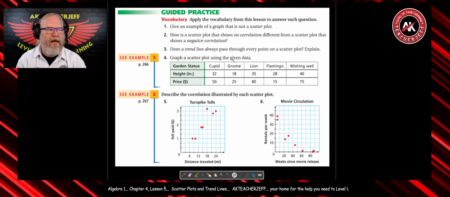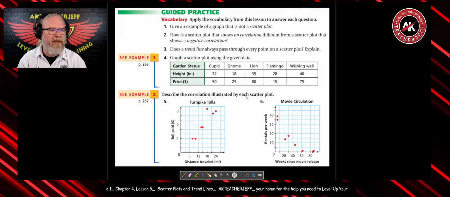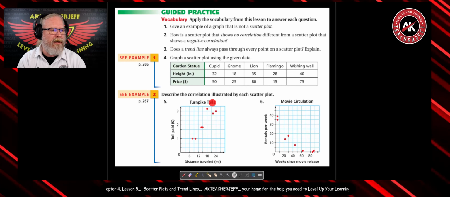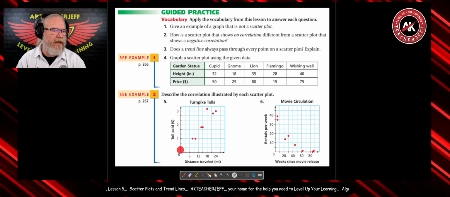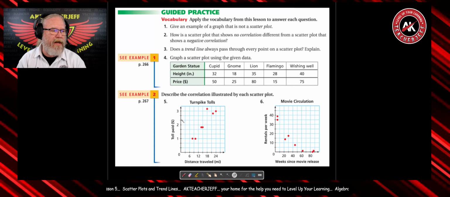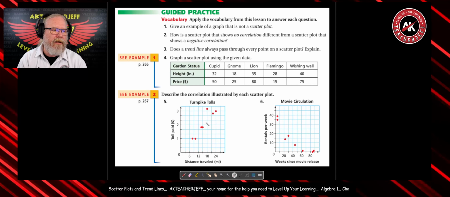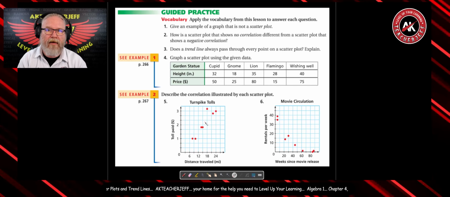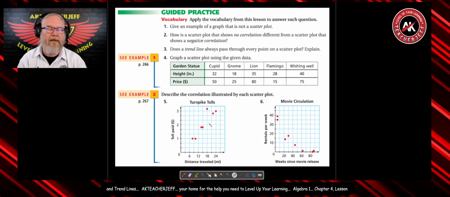Example 4, we're not going to create this graph here. Let's skip number 2. Describe the correlation illustrated by each scatter plot. Here we have turnpike tolls, and the x-axis is the number of miles that you travel, and this is the amount of money that you pay in tolls. If you've never been on a toll road, there are roads in our country, especially out east, up around New York City, and you drive through New Jersey, there's a turnpike.